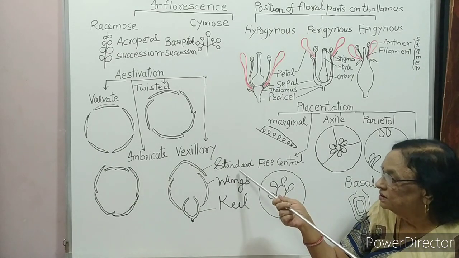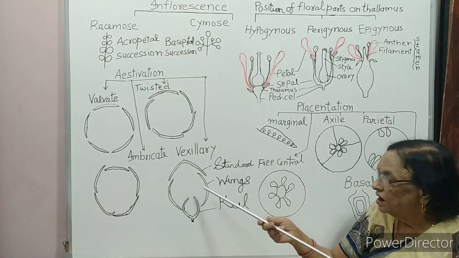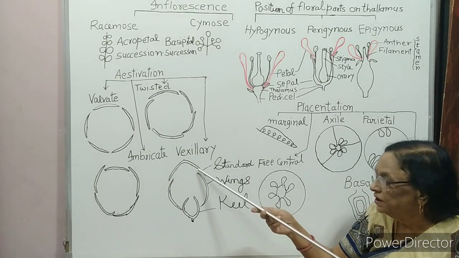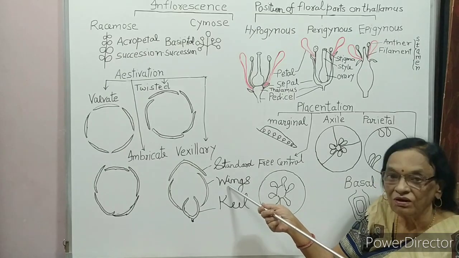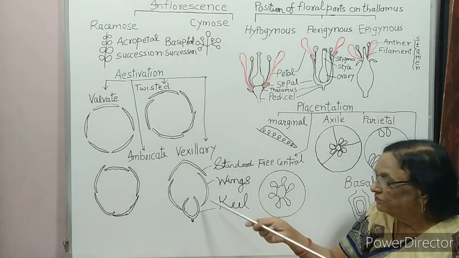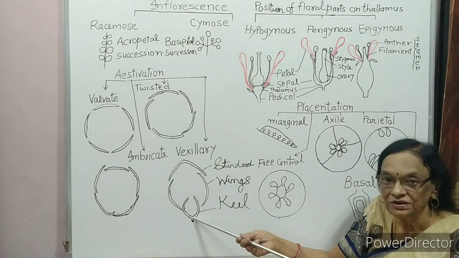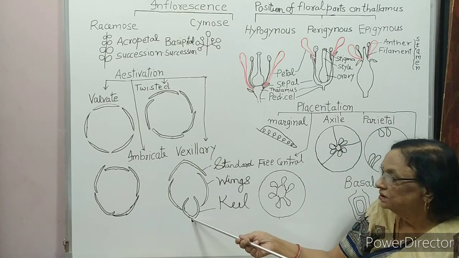It is called standard. The other 2 petals are smaller than this. They are overlapped by the standard. They are called wings. And finally, 2 very small petals which are united at their base are called keel.